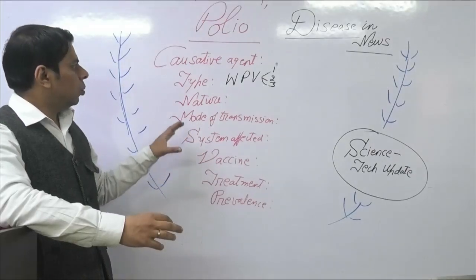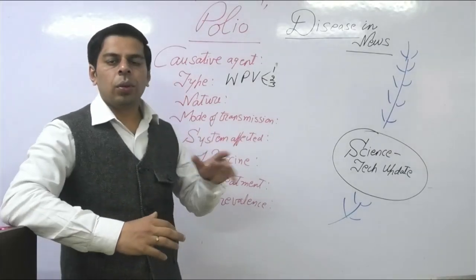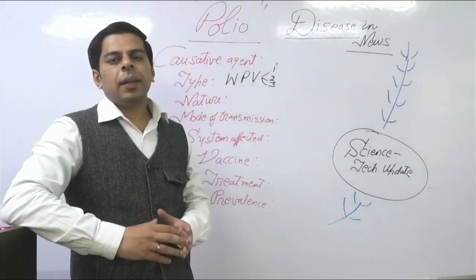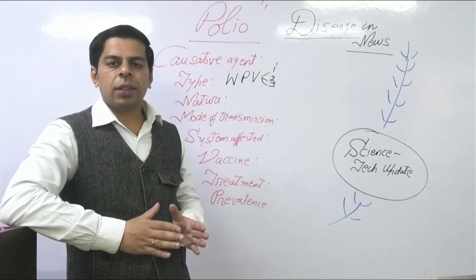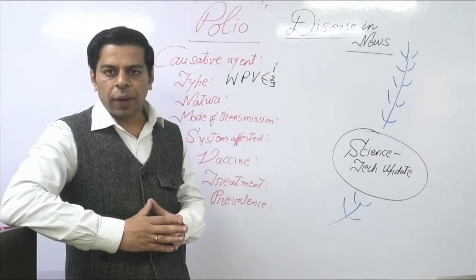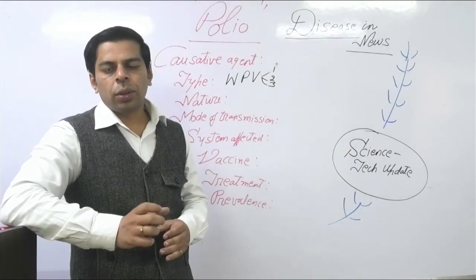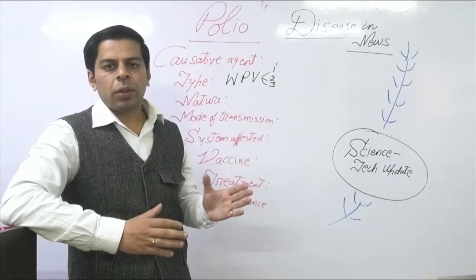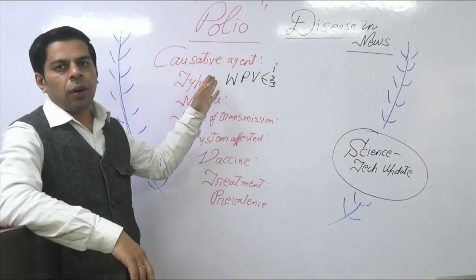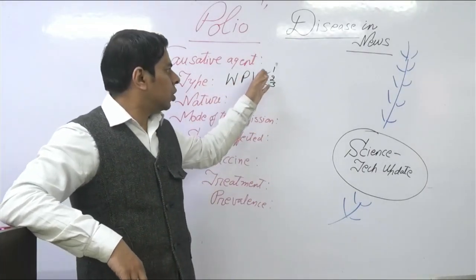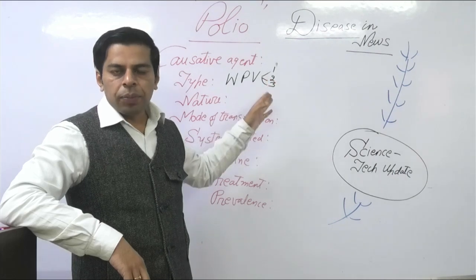Then coming to the types of poliovirus. If you look back in history, there are three main strains attributed to poliovirus, which are commonly denoted by the term WP. This WP stands for wild poliovirus strain 1, strain 2, and strain 3.